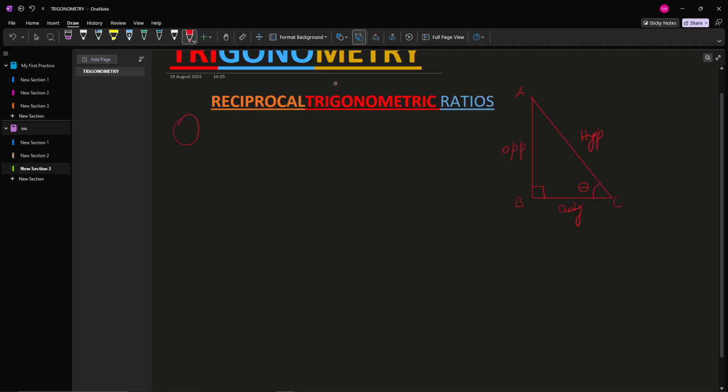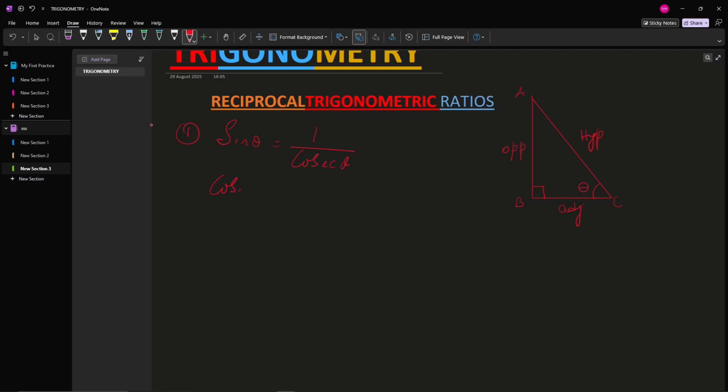Okay, now I will recap it again. What all you can do with that. These are the important parts which you have to know. The first one, sin theta. So sin theta's reciprocal is going to be what? Sin theta is 1 by cosec theta.